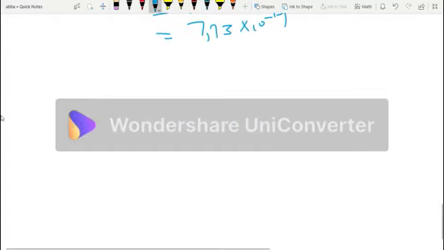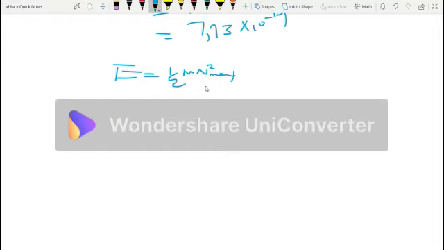Now if that is the case, we want the maximum kinetic energy, so remember, E equals half m v squared max, right? This is E max, EK max. So this equals hf, okay, minus the work function.